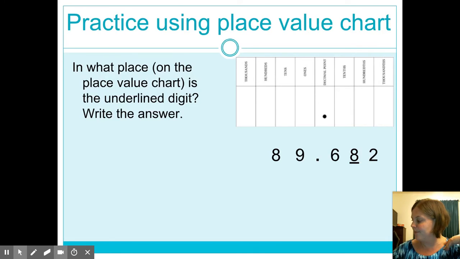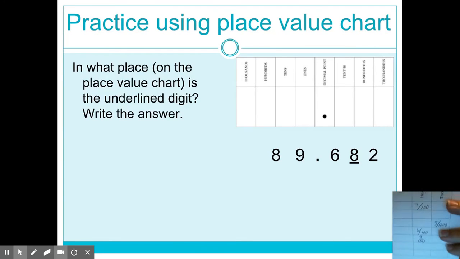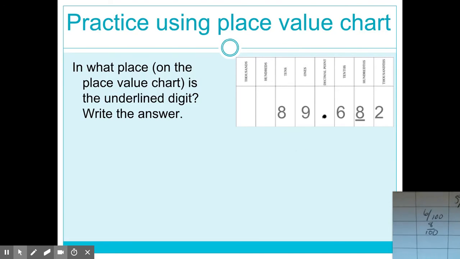Here's my next number, 89 and 682 thousandths. Notice I'm saying this as a group of numbers, but this is also in the hundredths place, so because it's in the hundredths, I am going to make it 8 over 100. This is going to help us when we do expanded form with decimals.